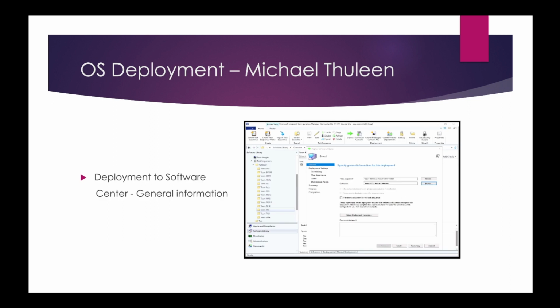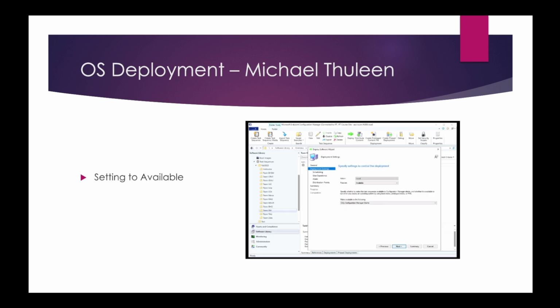The second step is deployment to the software center. For that, I used a similar naming convention, deploying to our Team RM's device collection, as you can see down here. According to the rubric, I set it as available to configuration manager clients.